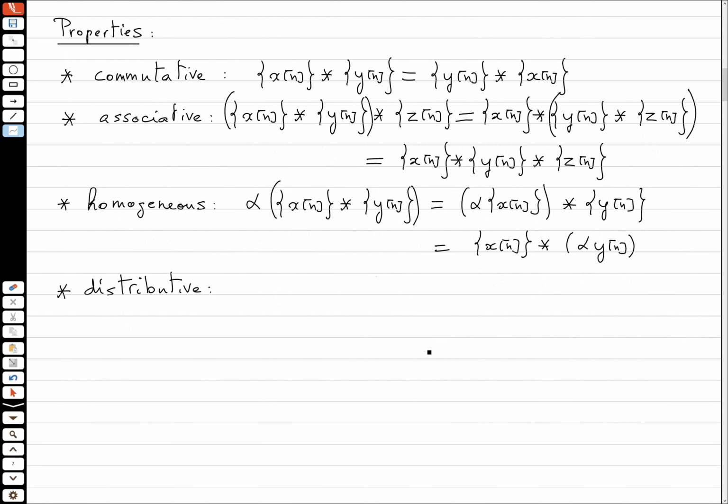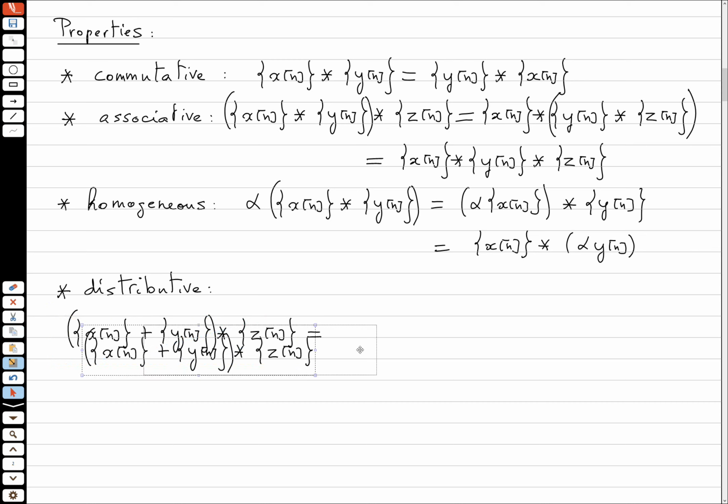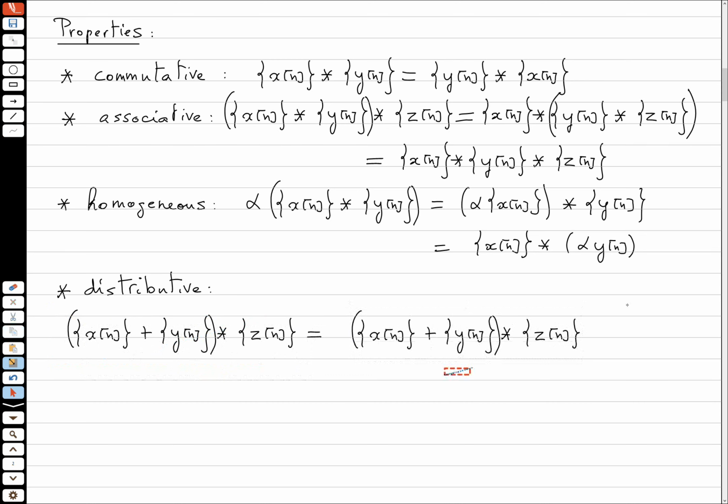Distributivity is the situation where you add the first two and then you convolve with the third one, and that gives the same result as when you convolve z with x and y separately and then add the result.